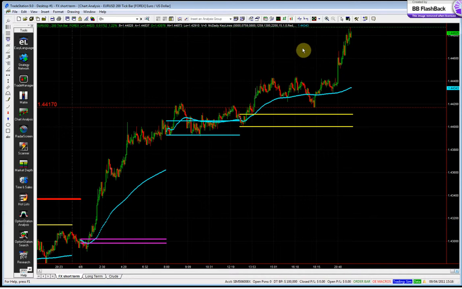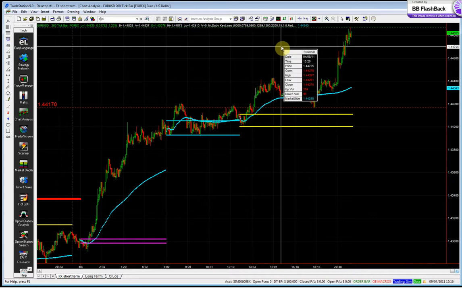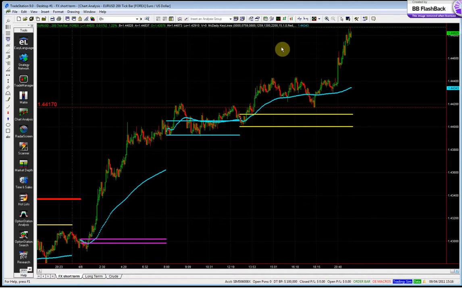What I'm going to say is basically, after a big range day, we may be susceptible to a pullback, so I don't need to give too wide a stop here. So we're going to have the stop at 144.70. Okay, the long stop at 144.70, basically just not giving it too much room.